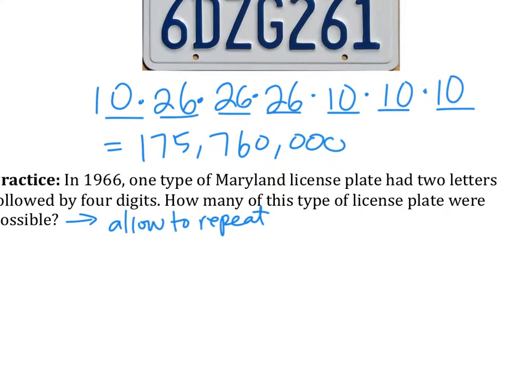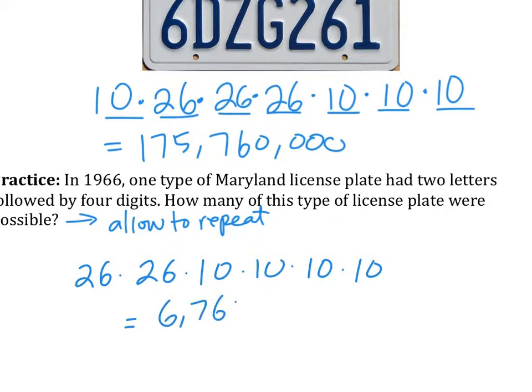Okay, so that's going to be 26 times 26 times 10 times 10 times 10 times 10, which is 6,760,000. Okay, I guess back then there were not that many cars, so you didn't need that many license plates.